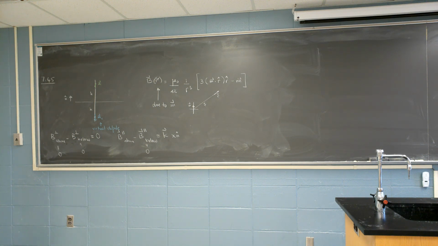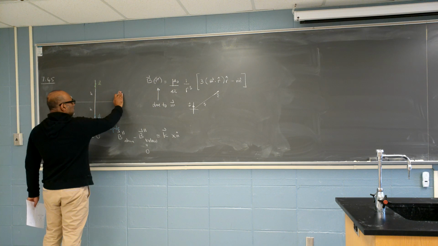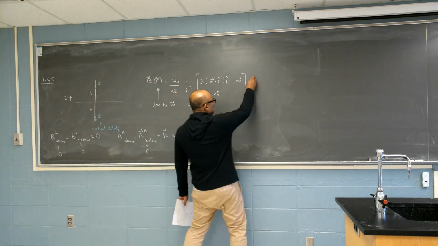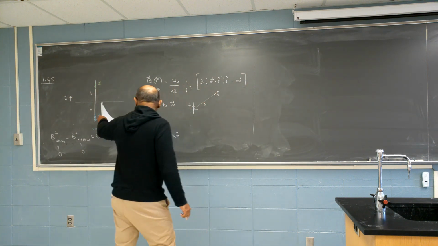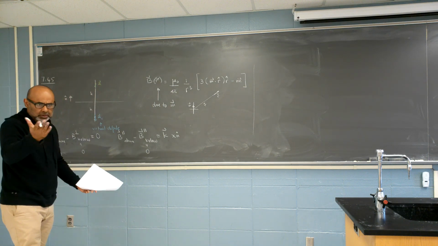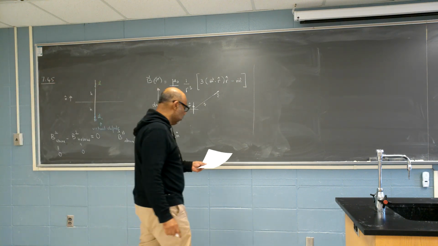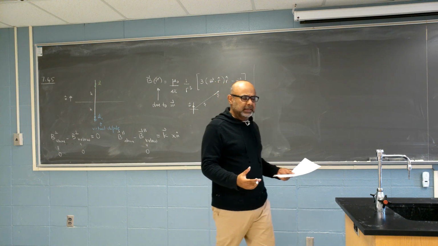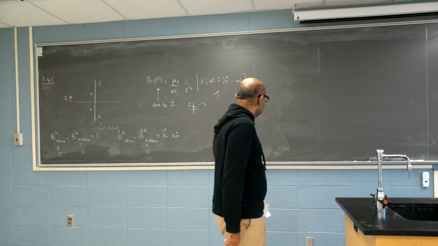Yeah? So anywhere in this region, the magnetic field, if this is true, we're assuming that this virtual dipole works out. If it is true, it would be nothing more than the sum of two dipoles.